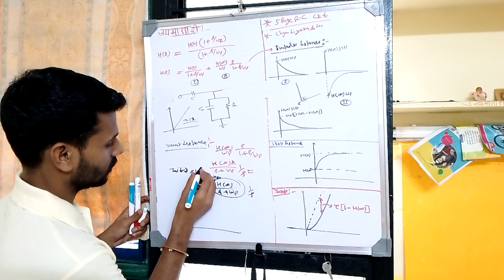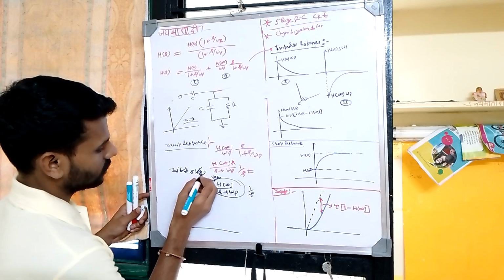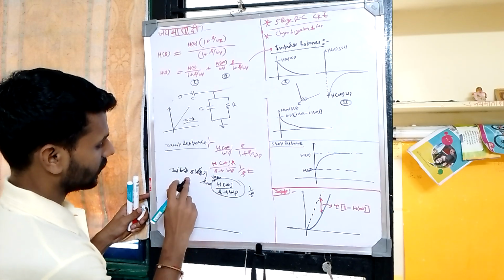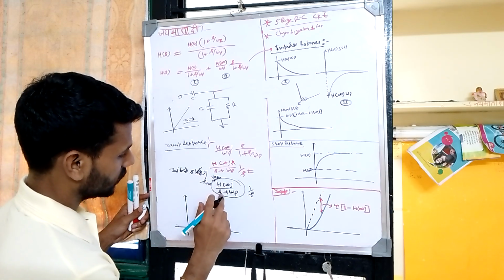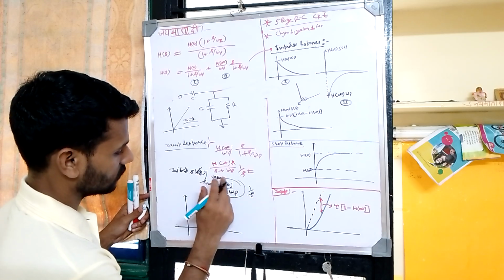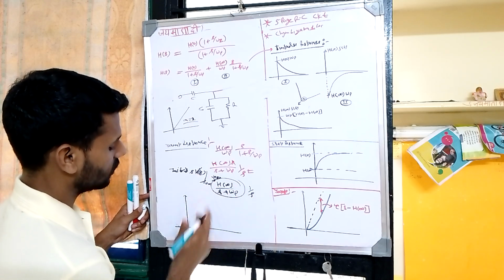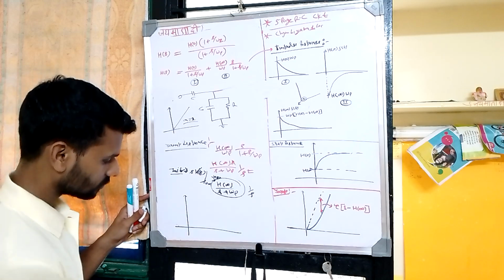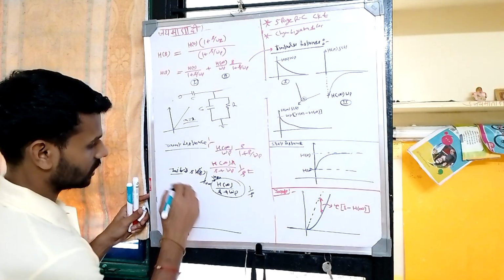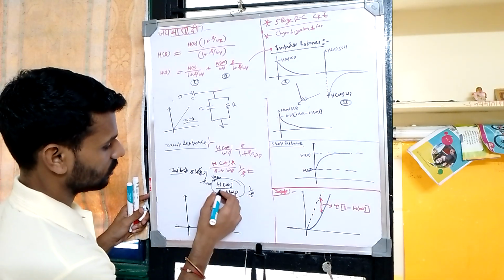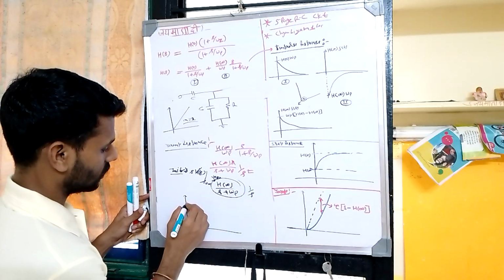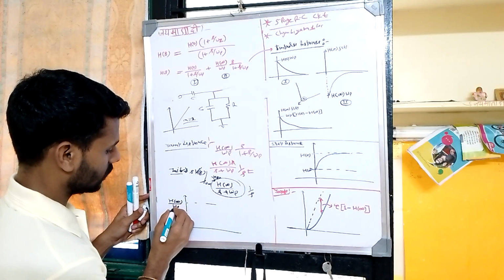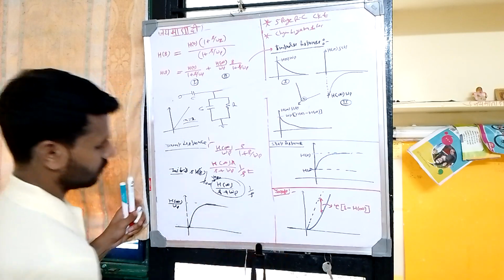I put s as infinity. If you put s as infinity and multiply with s, then the s's will cancel, and putting s as infinity, it becomes 0. So the initial value will be 0, and for the final value, the s's cancel and you put s as 0, so it becomes H of infinity upon omega p. So the response will look like this.